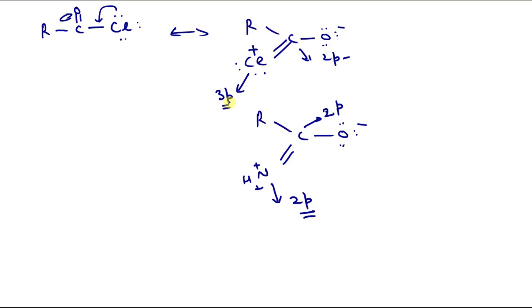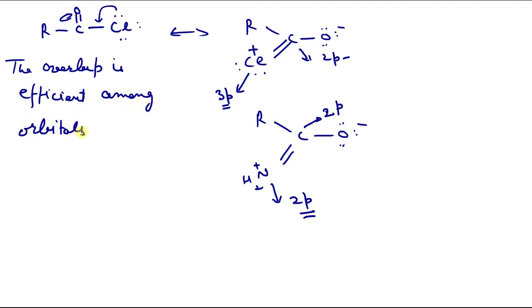As this is an overlap, they have to share their electrons. The overlap is efficient among orbitals of same size and energy.